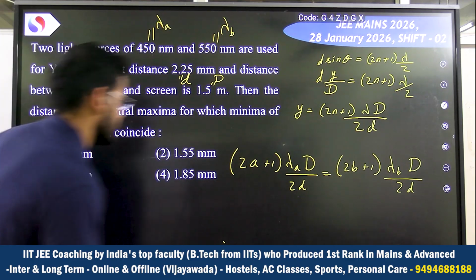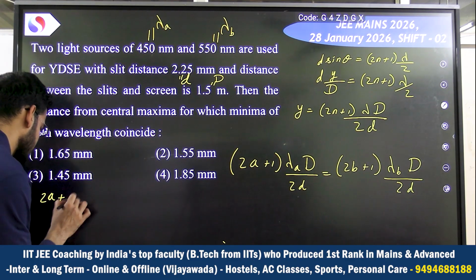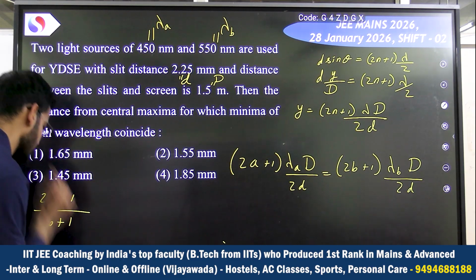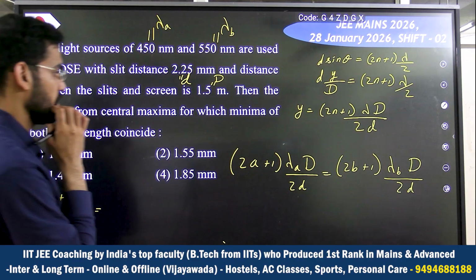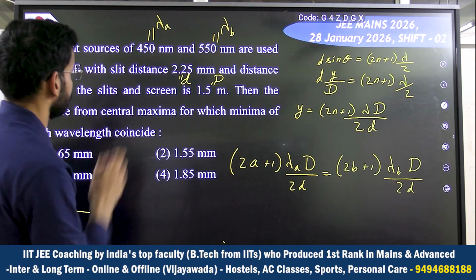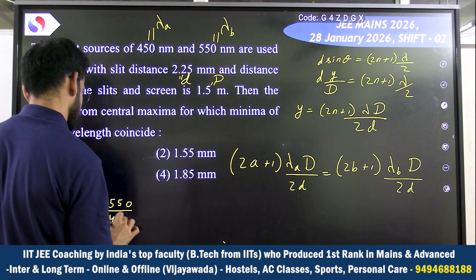So here what you get is (2A plus 1) divided by (2B plus 1) is equal to lambda B by lambda A, that is 550 divided by 450.